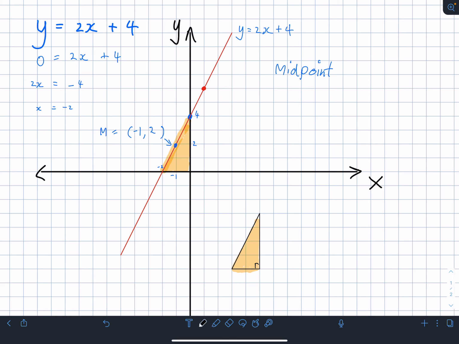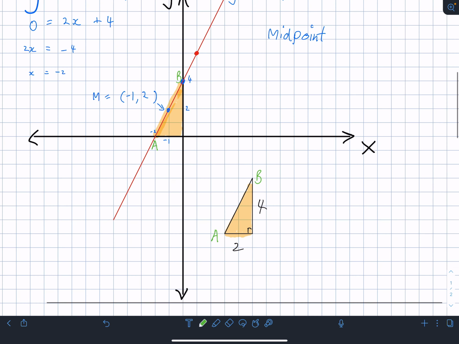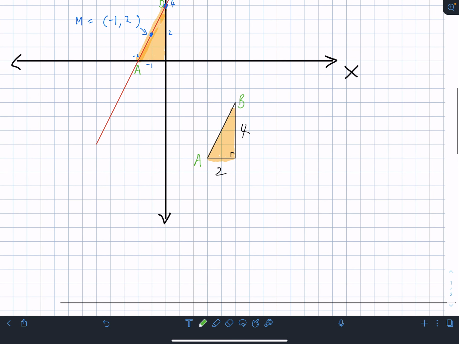This is 2 units in length along the horizontal. Vertically it's 4 units in length, and we want to find the value, so I'm just going to label that as A and B. So basically we're finding the length of AB.